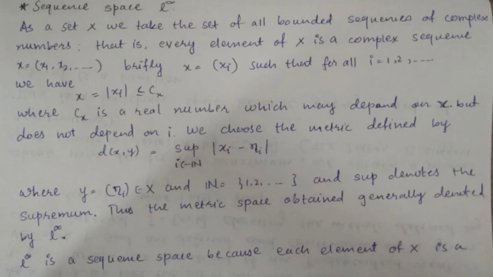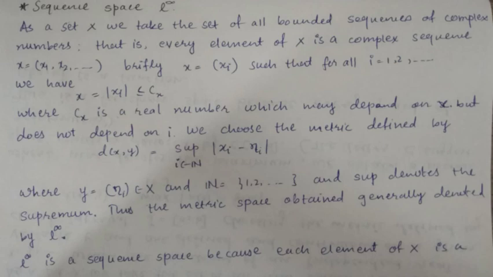So xi is what? If I take small x in L infinity, small x is of the type (xi), the first element, and eta i is what? If I say y equal to (eta i), eta i is also an element of the space L infinity. So I am taking two elements from the space L infinity, xi and eta i. My xi is a bounded sequence of complex numbers, and eta i is also a bounded sequence of complex numbers.